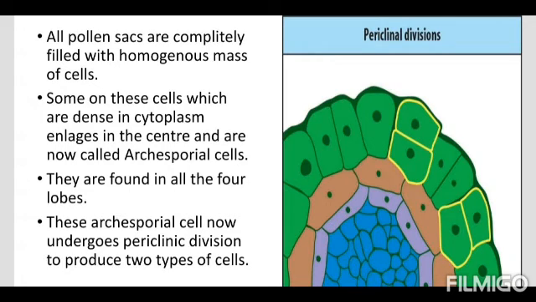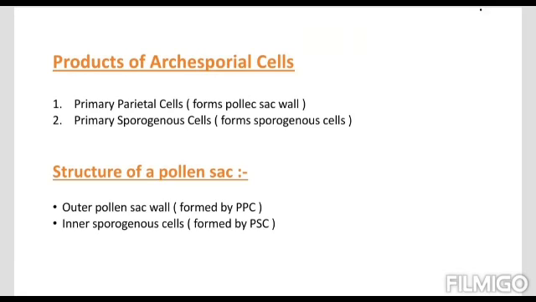The archesporial cells show periclinal division, meaning these cells divide in such a way that on the outer side they develop primary parietal cells and on the inner side they form primary sporogenous cells.